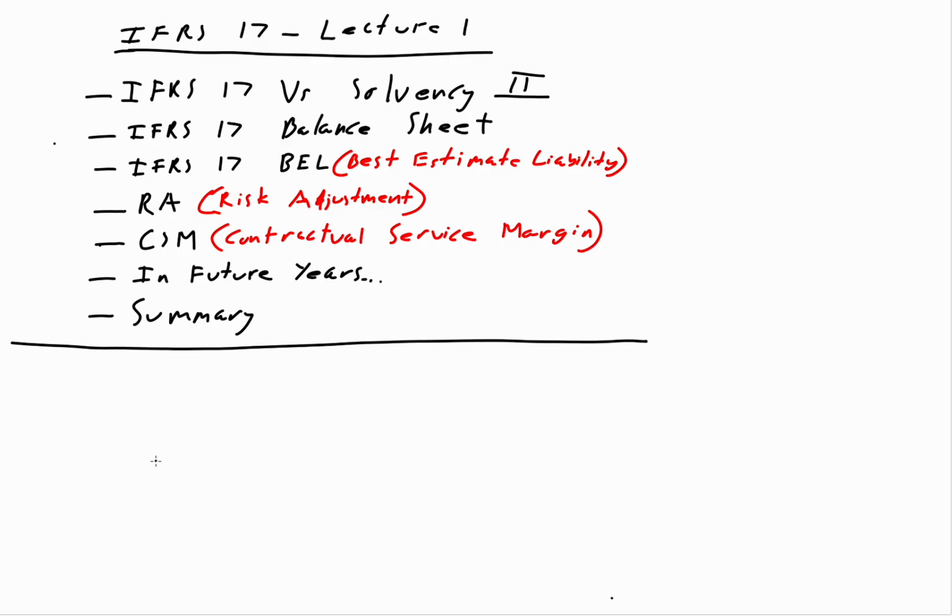So the way I'm thinking is that you've already got a basic understanding of Solvency II regulations that affect insurance companies. That's used for telling the regulator how much money we've got in order to protect policyholders. Well, IFRS 17 is different. It's an accounting standard.